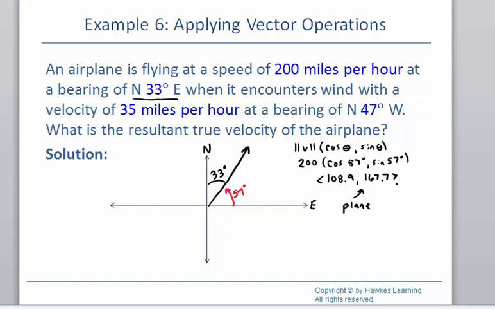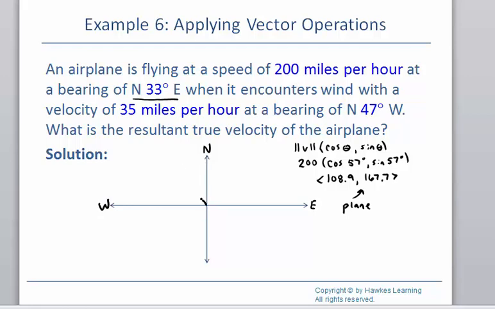All right, so we know that the wind has a velocity of 35 miles per hour and the bearing is north 47 degrees west. So I am going to erase this just for a second, kind of get it out of the way. All right, so here's the west direction. Here's the north. We are 47 degrees west.